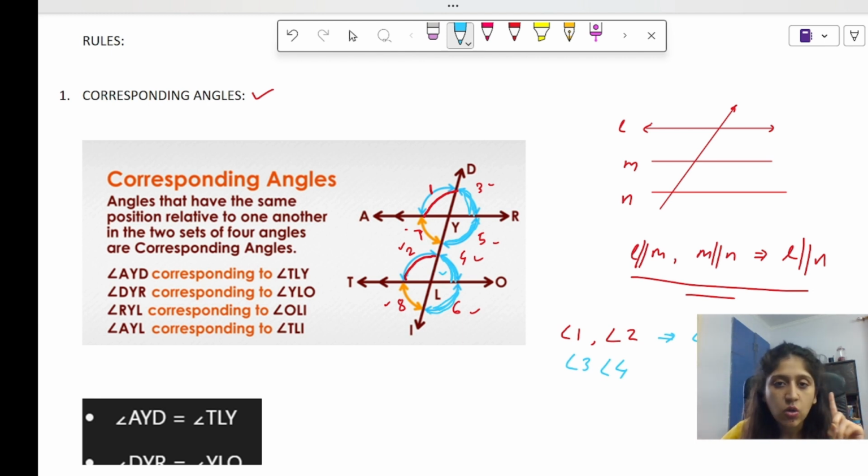They are always equal. I hope the concept is clear. Angle 1 and angle 2 are equal. Angle 3 and angle 4 are equal. And similarly, angle 5 and angle 6 are equal. Angle 7 and angle 8. I hope the concept is clear. This is the first concept and all the corresponding angles are equal. The first concept is done.